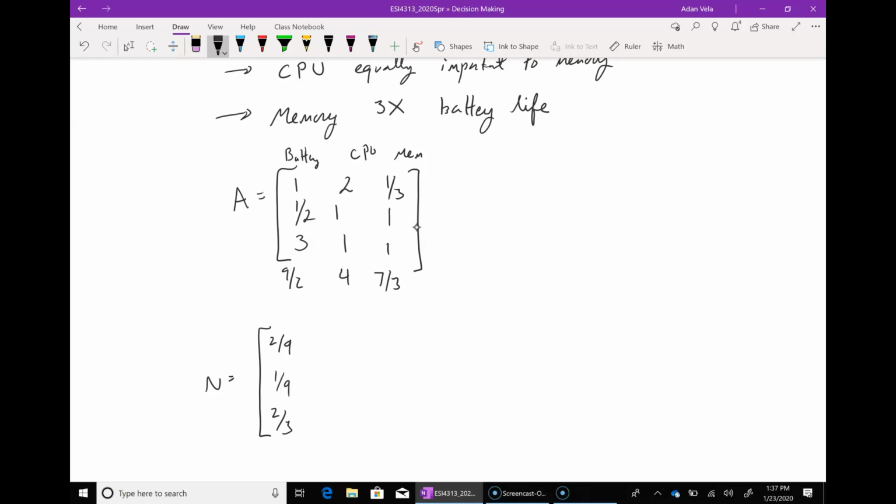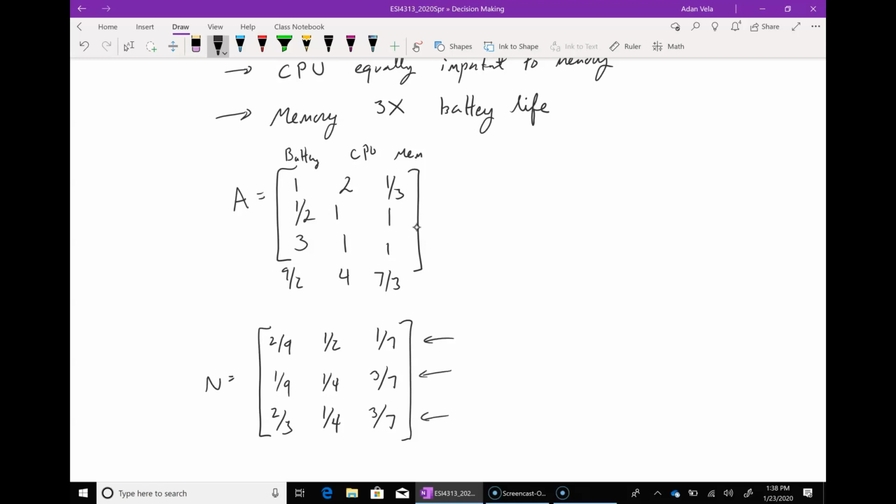Taking the next column, we divide 2, 1, and 1 by 4, so we get 1/2, 1/4, and 1/4. Finally, we divide the last column by 7/3, so we end up with 1/7, 3/7, and 3/7. Okay.